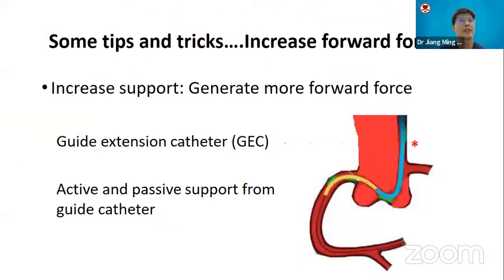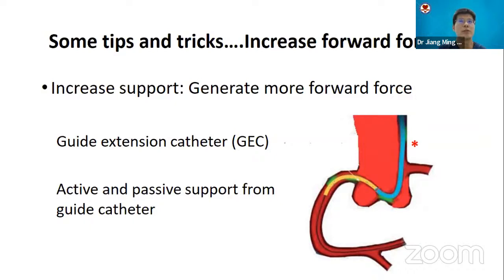The use of adequate guide support, of course, can make the difference between success and failure. A common equipment used is the guide extension catheter, which allows deep intubation, traversing the calcification and tortuosity in the proximal artery. This increases support and facilitates a large push force at highly resistant calcified lesions, increasing the chances of delivering equipment and successful lesion preparation. Active and passive support can be increased by selecting different shaped guides or those with larger diameters.